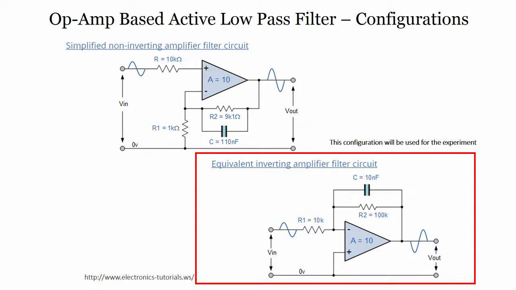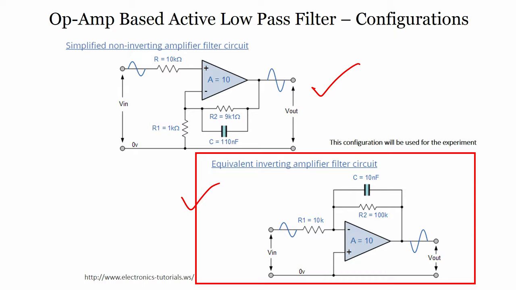some configurations. Sometimes you will see the circuit drawn in this particular fashion, and sometimes you will see it drawn in this other fashion. Do not get confused, both are the same circuit: a simplified non inverting amplifier circuit and its equivalent inverting amplifier circuit. That does not really change the game.